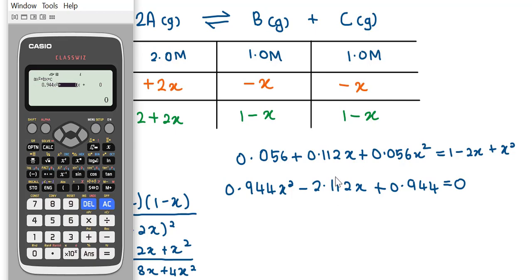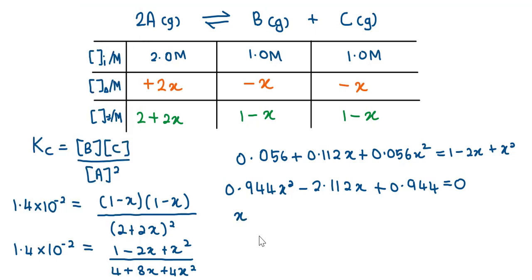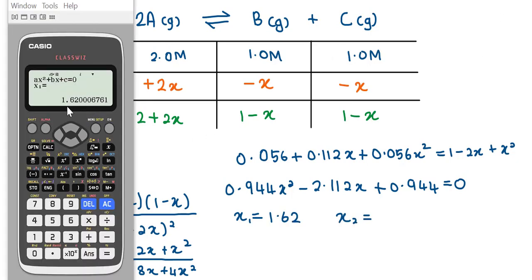For the b value, the x coefficient here is negative 2.112, press equals, and then the c value is positive 0.944, and then press equals. Press equals again, and then we have two values of x. The first one is 1.62, and the second value of x is 0.617.